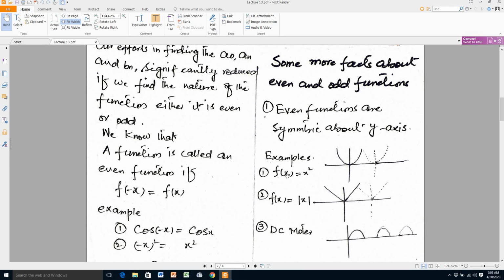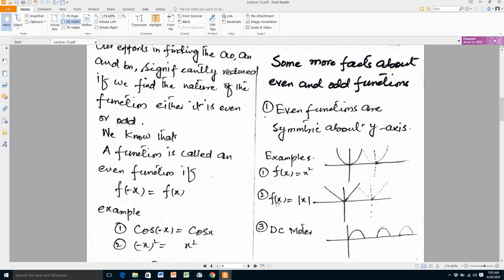Examples are f of x is equal to x square, and its graph is like an upward parabola, because the intervals on the real line are infinite. So at every periodic interval its shape repeats itself.